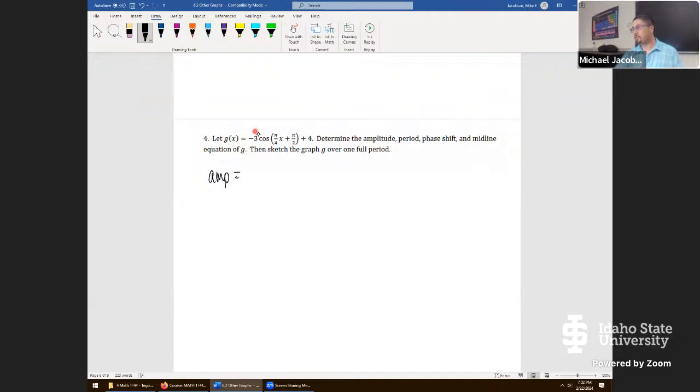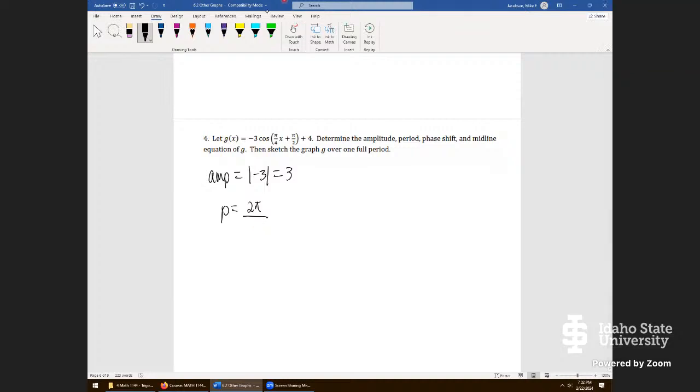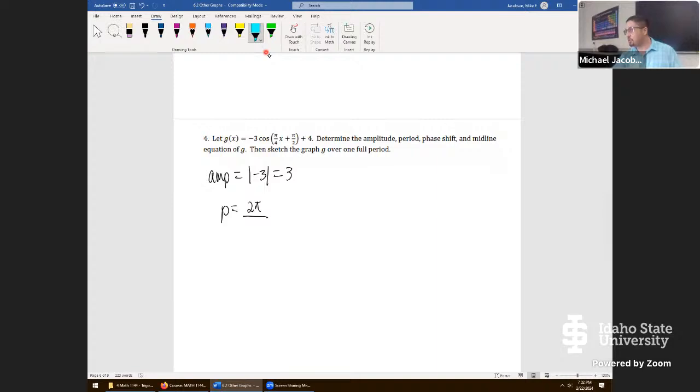So amplitude on this one, absolute value of -3, just comes out as a 3 to start us off. Then for period, we are dealing with a cosine function, so 2 pi goes here. And what would be in the denominator? Anyone spot what it should be? It'd be a pi over 4. Absolutely. In class and in Zoom, pi over 4 will go down to the denominator here.